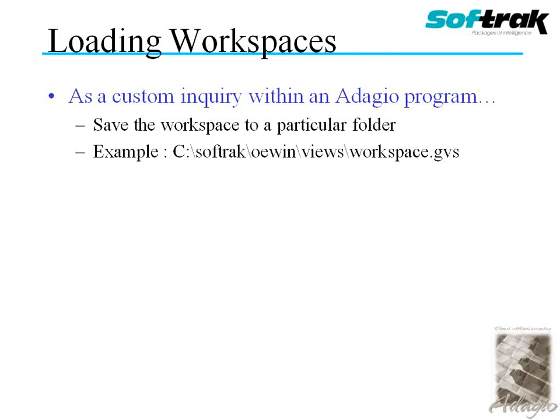So if you want to launch a particular workspace directly from Adagio Order Entry, you just create a folder called Views directly under the place where you're running Adagio Order Entry from. In my case, it's the C Softtrack OEWin directory. You create the Views directory within that, and then save the workspace directly into the Views folder.